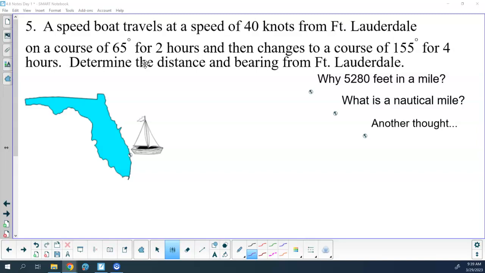It's 1/60th of 1/360th of, I don't know, what's a nautical mile? So it's based off of the circumference of the Earth.